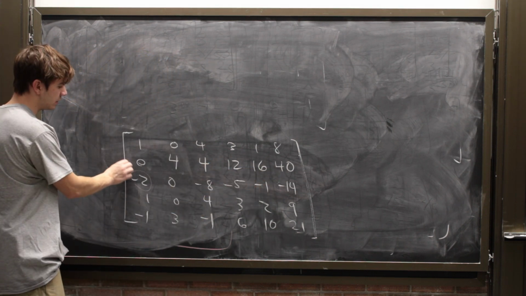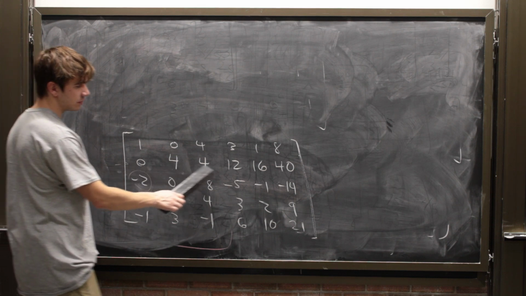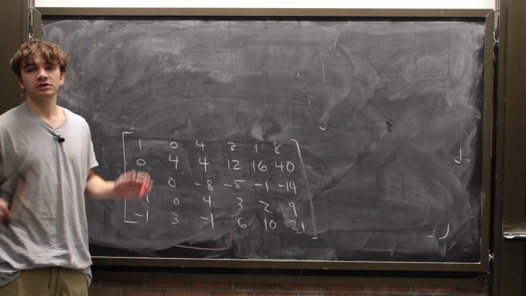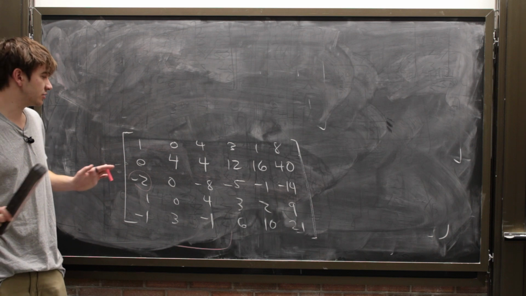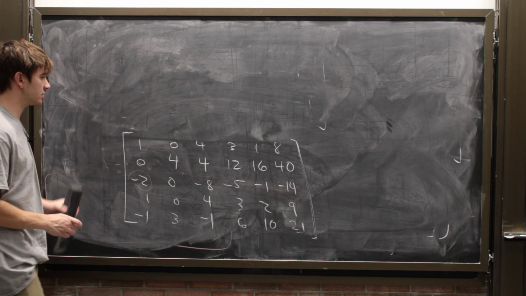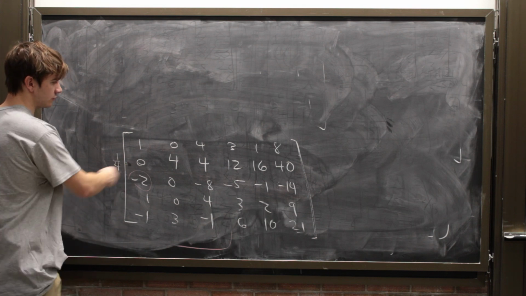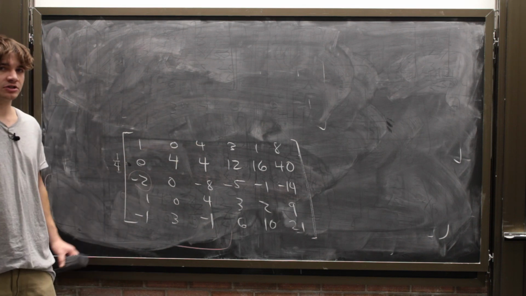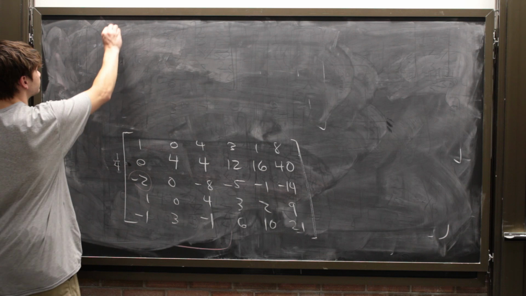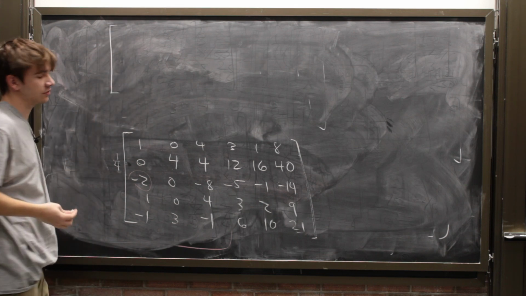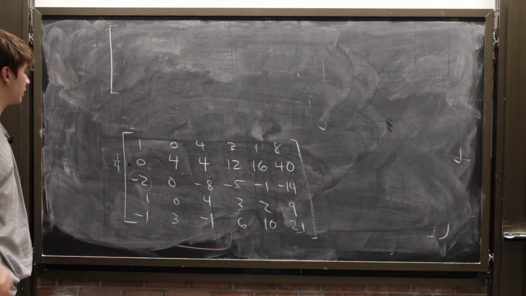So everything in this row is divisible by 4, and I should immediately simplify it by multiplying this row by 1/4. That's just so my numbers don't get too big. And if you can simplify, then why not?